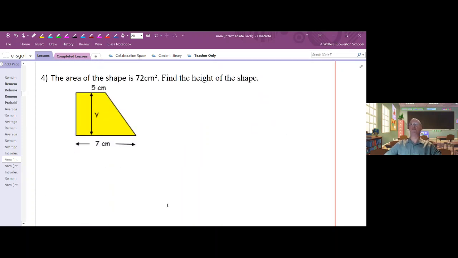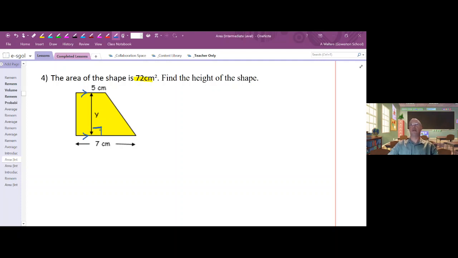Okay, so remember now the area is 72. So fill in, and the parallel sides are the 5 and the 7. And this drawing could be turned around the other way if they wished. The perpendicular height is the letter Y on this occasion, not X. So see if you can try that.